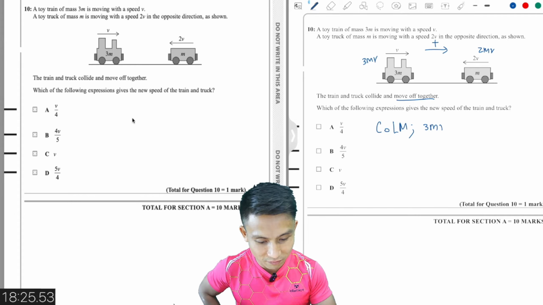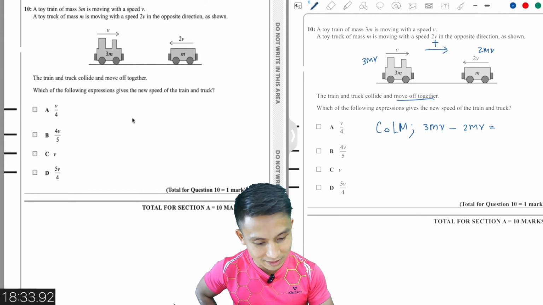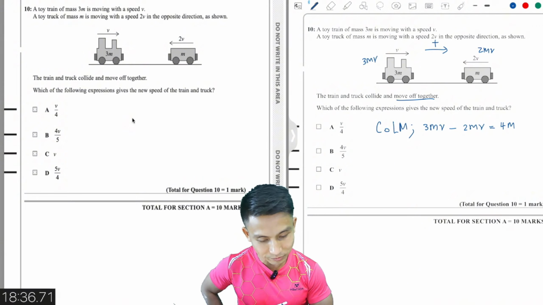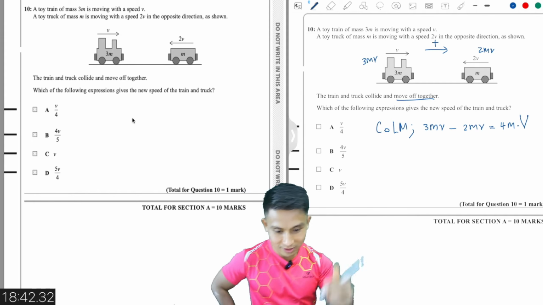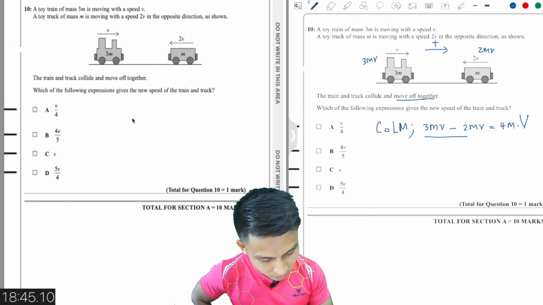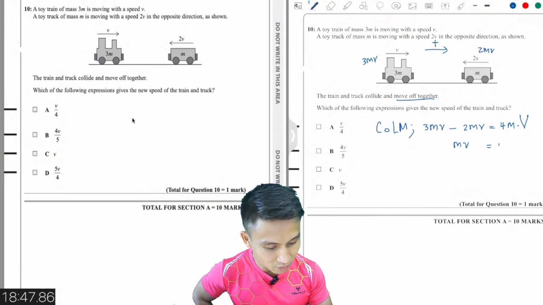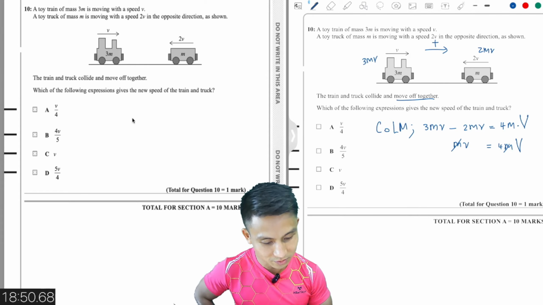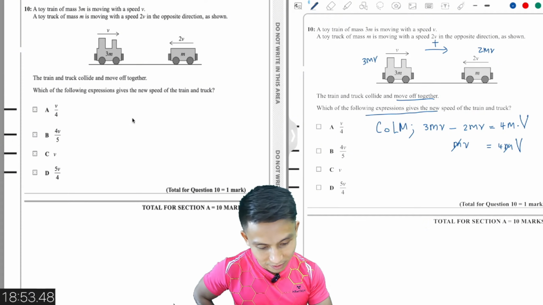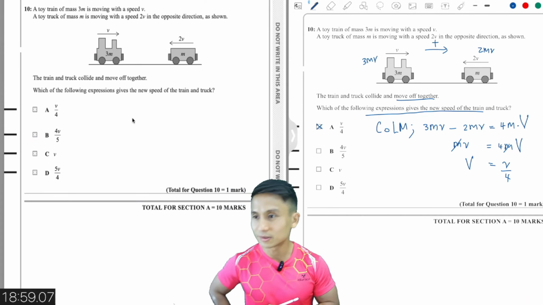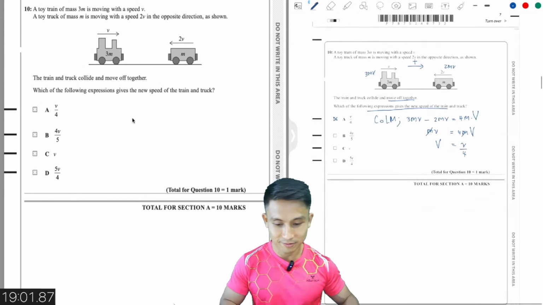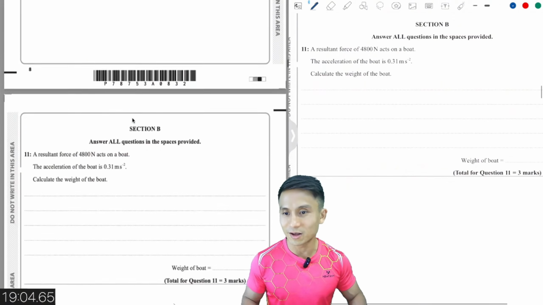We have 3mv from the train minus 2mv from the truck equals, because they both go to the right and stick together, 4m combined, multiplied by some capital V. So this is mv equals 4m big V, and m cancels, so we have the new speed V equals little v over 4, which is choice A. Okay, that's it for this one. Now let's do the written part.